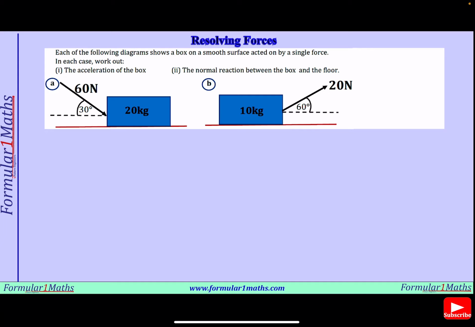So first of all, we draw a force diagram with the resolved forces. Originally, the forces acting on the box are this 60 Newton force, the weight of the box, which is 20 G, and a reaction force R. But we need to resolve the 60 Newton force to get 60 cos 30 over here, 60 sin 30.